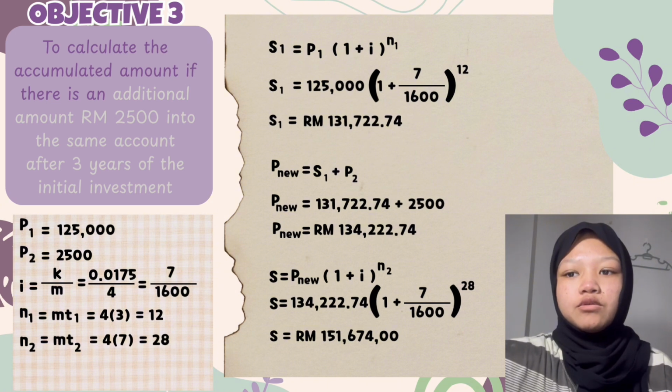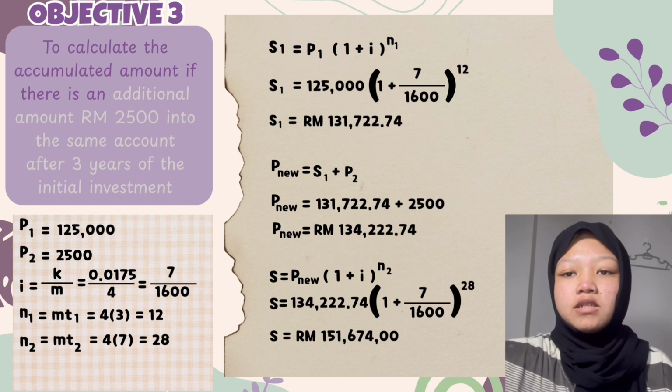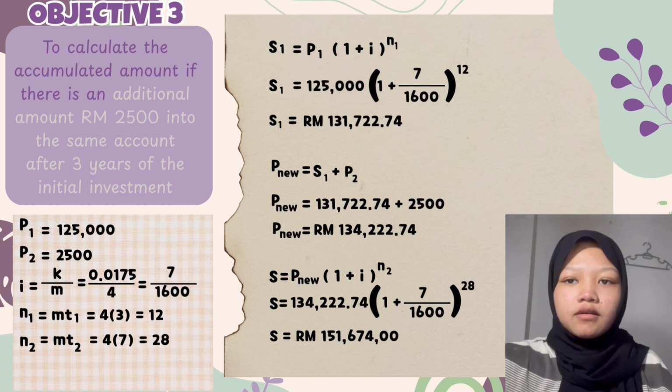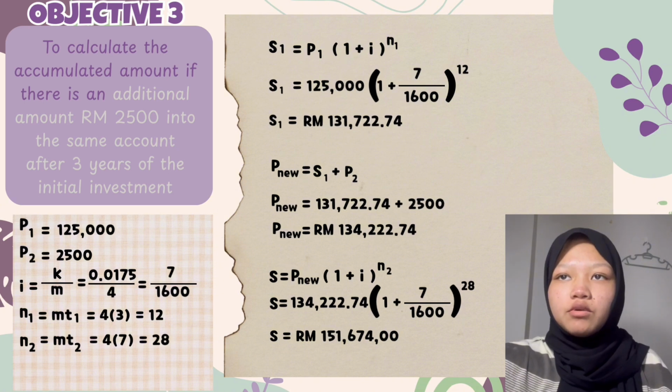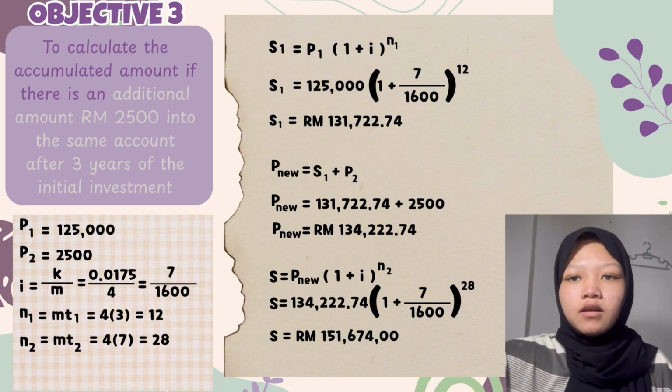P new equals 131,722.74 cents plus 2,500. P new will be 134,222.74 cents.